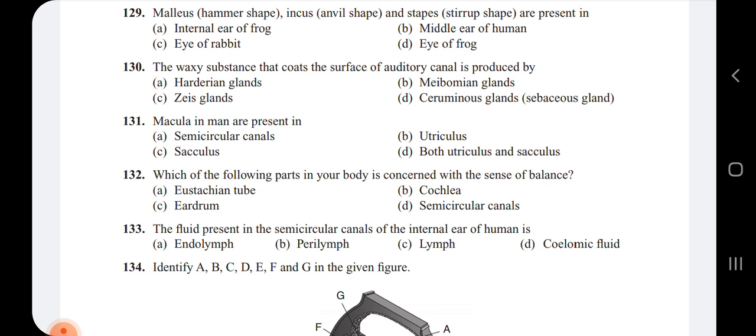Next, the fluid present in the semicircular canals of the internal ear of a human is endolymph.